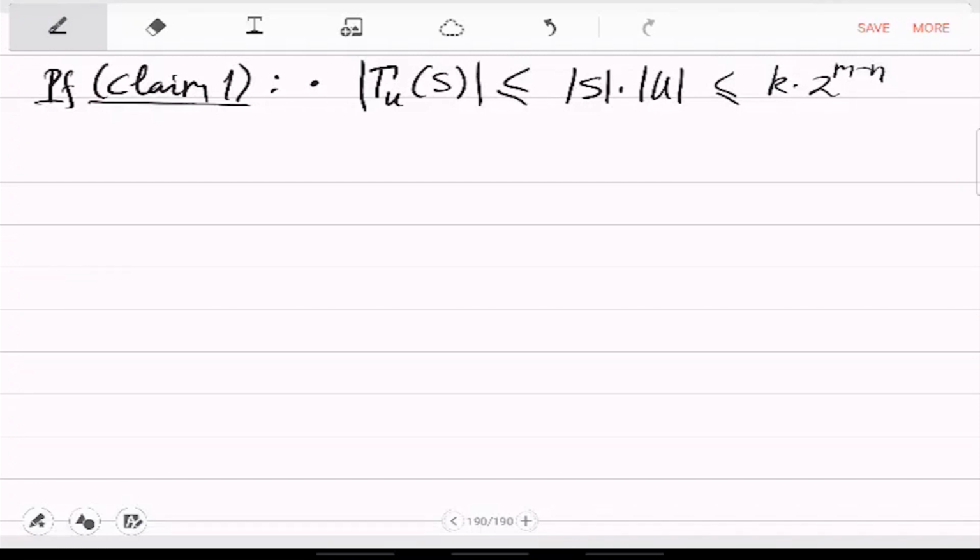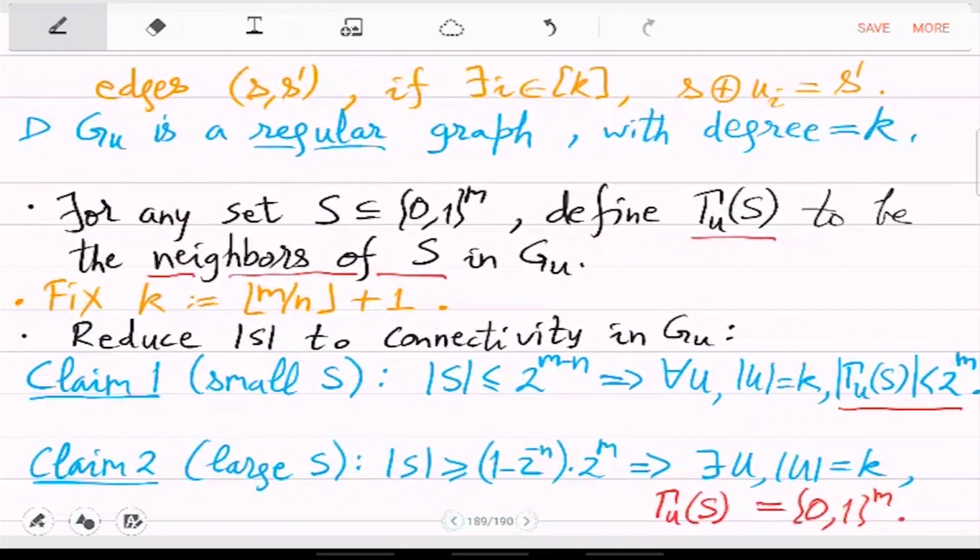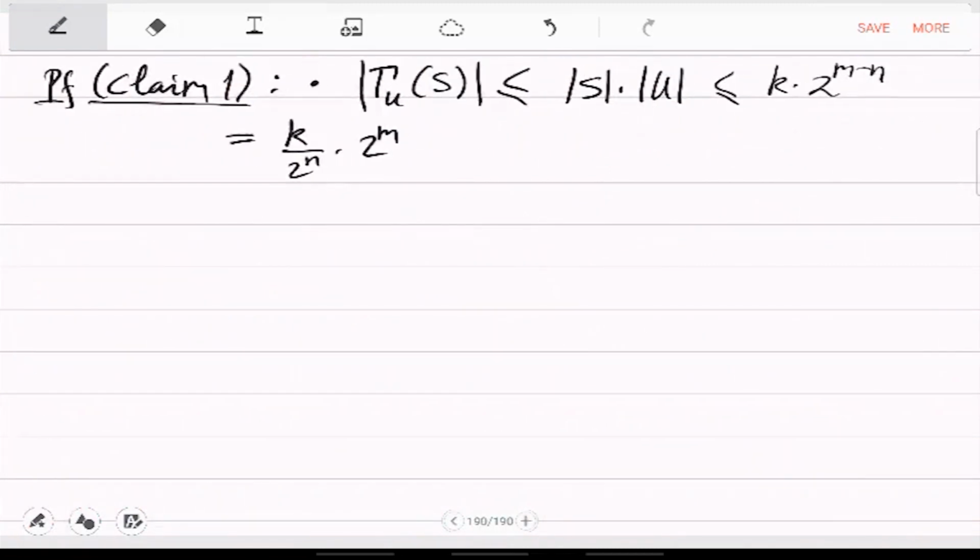And so this is k by 2 raised to n times 2 raised to m. And what have we taken k to be? k is just m by n, right? So it's much smaller than 1. So it is definitely smaller than 2 raised to m. Okay, that is claim 1.